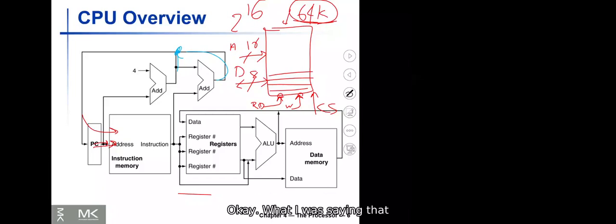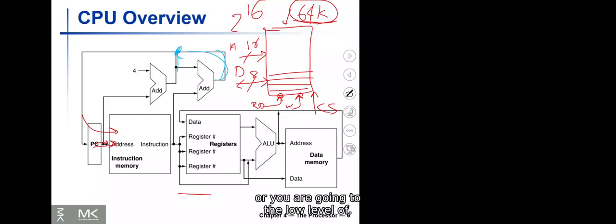Okay, what I was saying, that we cannot connect these two together here. So what to do? You should know of a component which is selecting two things and putting it to the output. The component that selects one of two things.